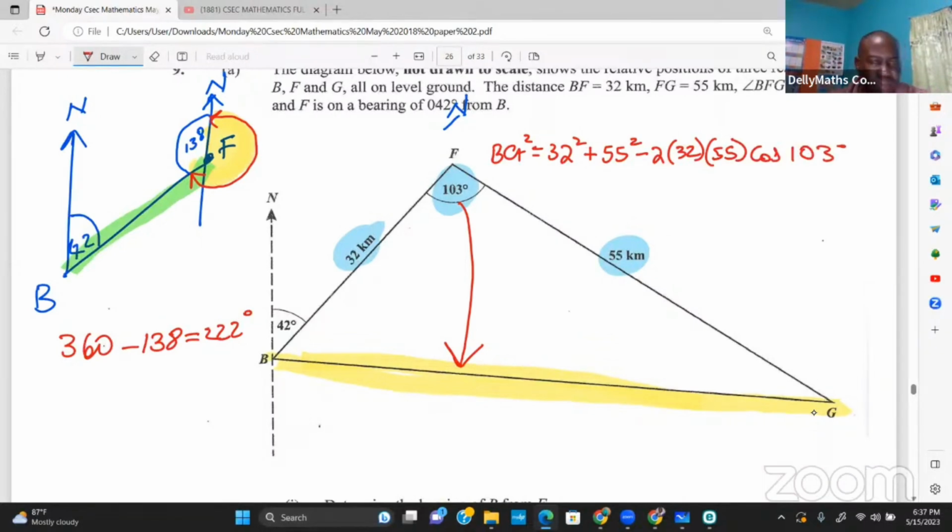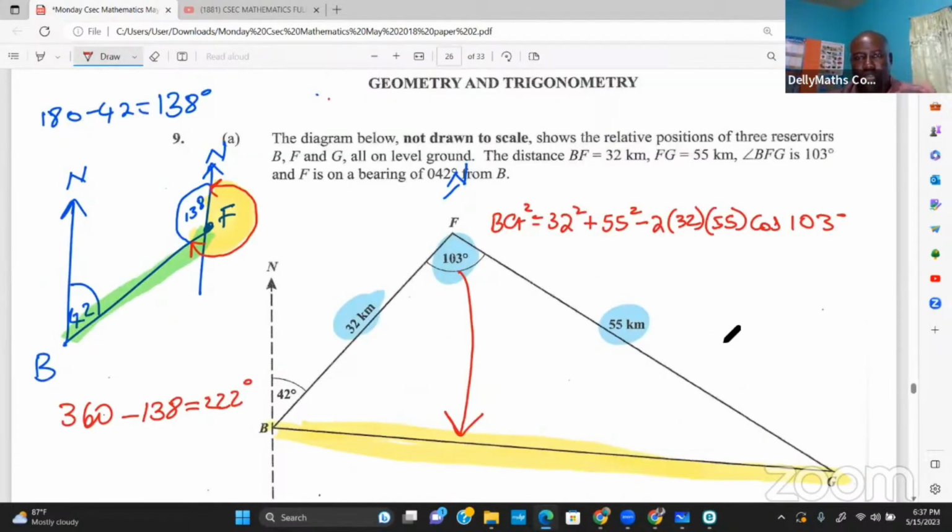All right, so now let's do our calculation, making sure that we're not making any error. 32 square, I think that gives us 1,024. 55 square, it's going to give us about 3,025.